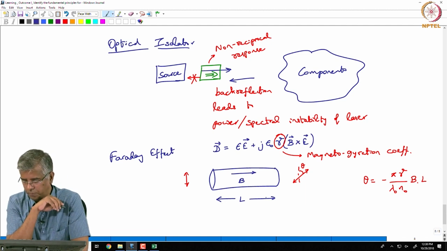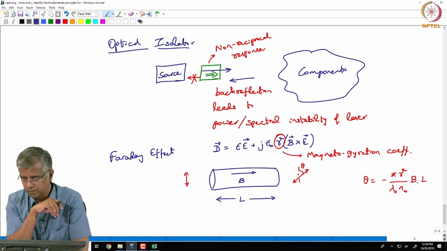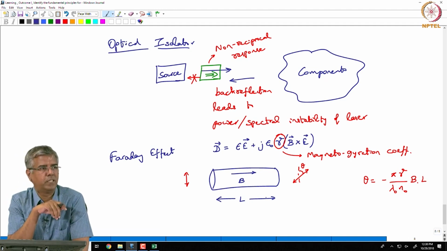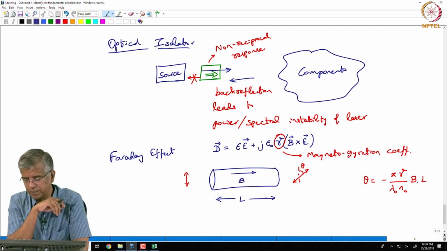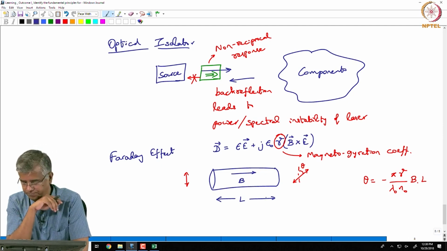Okay. So, in the presence of an external magnetic field, your light polarization, which corresponds to the electric field of your wave, is going to get rotated.